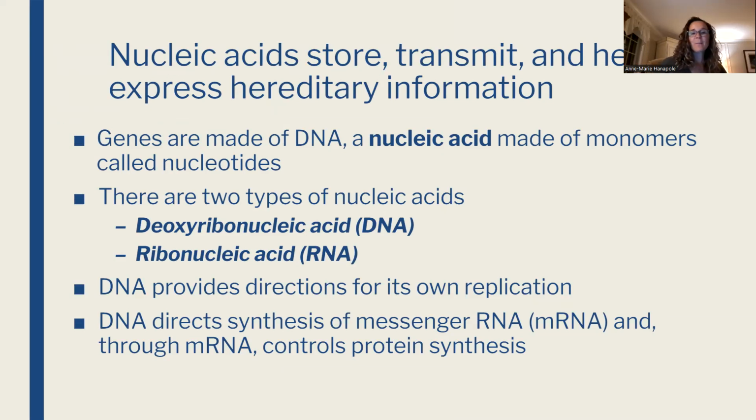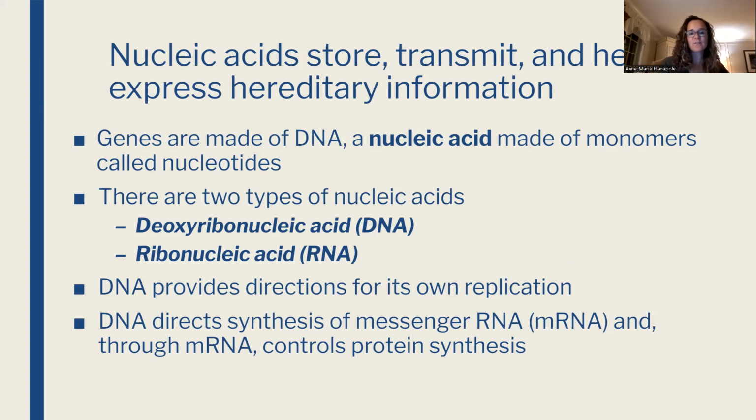Nucleic acids are made up of those nucleotide monomers. And then DNA is going to provide its instructions for replication. And then the DNA is going to direct the process of making RNA molecules. So all of the hereditary information is stored in that DNA molecule.